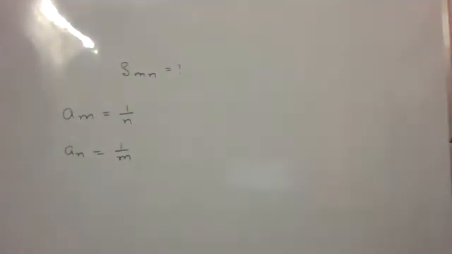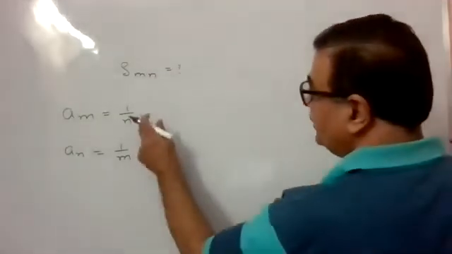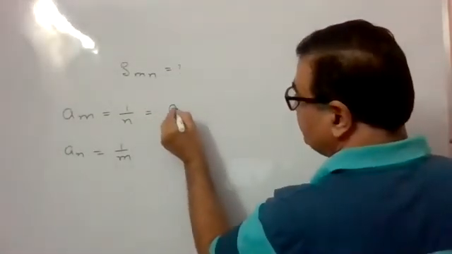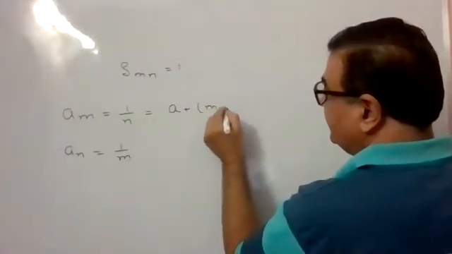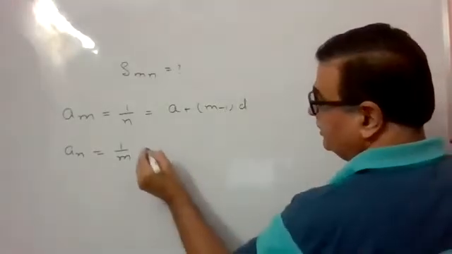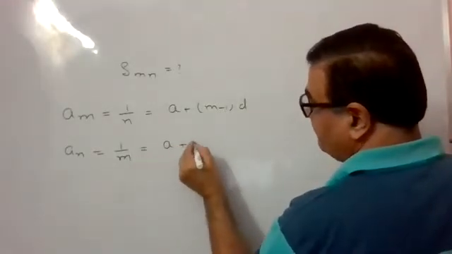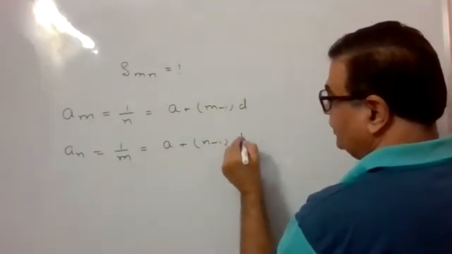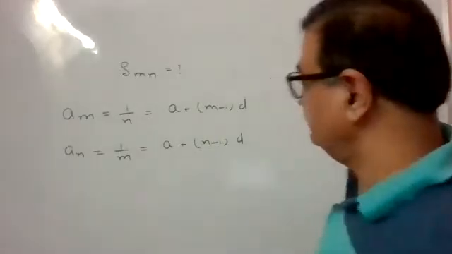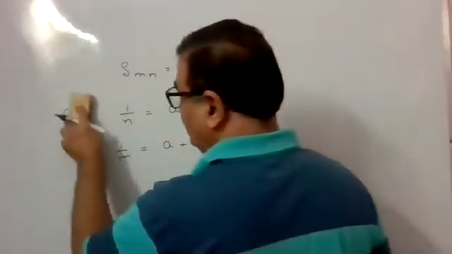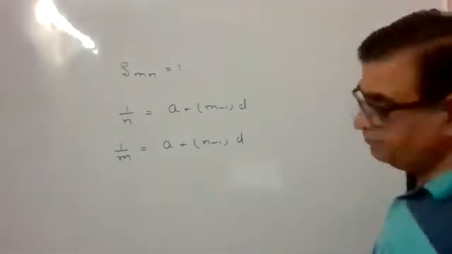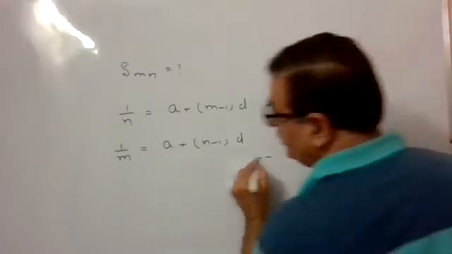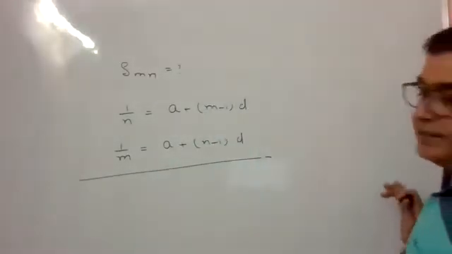So when you want sum of mn terms, what I do here, first I'll write this as a plus m minus 1 into d. This I'll write a plus n minus 1 into d. So now I got two equations here. And if I got two equations, A and D, I can calculate.